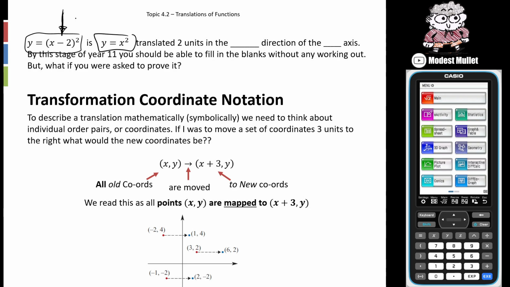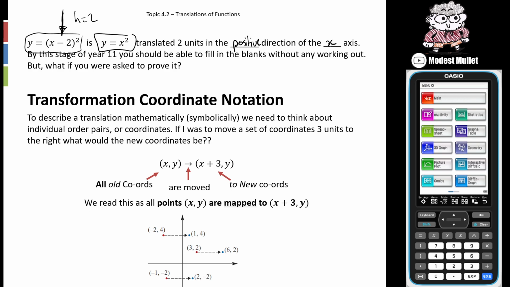Well, looking at this, we can say h is 2, thinking about our turning point form of a quadratic. So that means it's 2 units in the positive direction of the x-axis. We know it's translated 2 units to the right. And by this stage of year 11, you should really be able to say that looking at that equation.